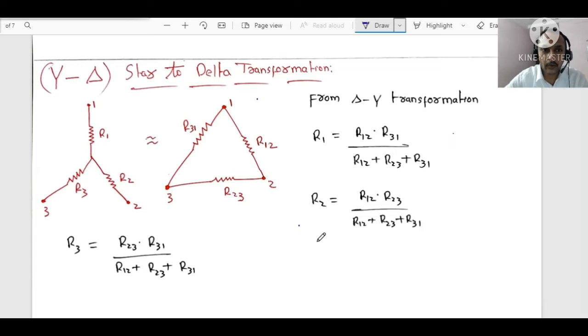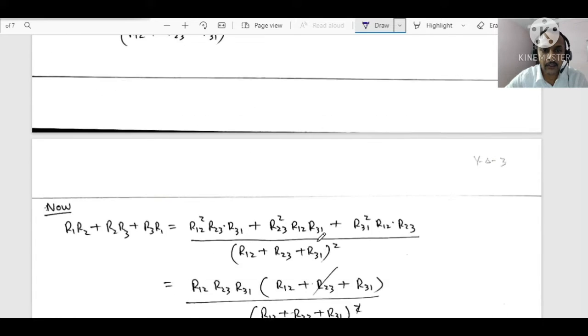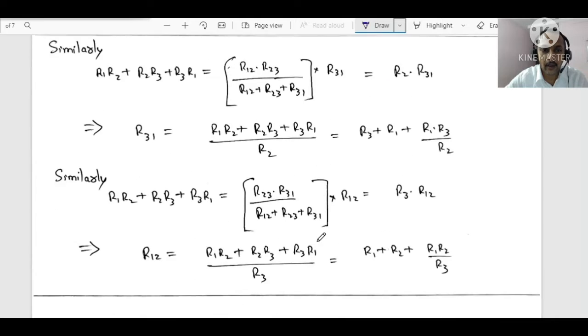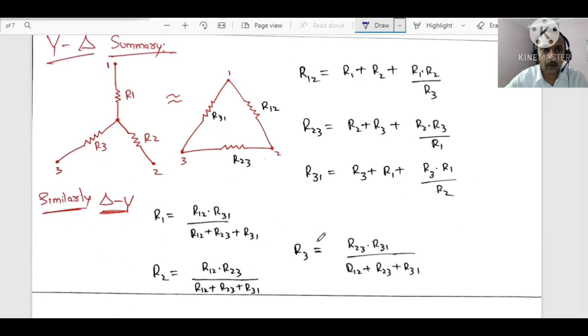So how to transform the given star to delta, in a detailed step-by-step manner, we will see with the formulas, substitutions, calculations, and final answer, right? And also we will discuss the summary of star to delta and delta to star transformation.